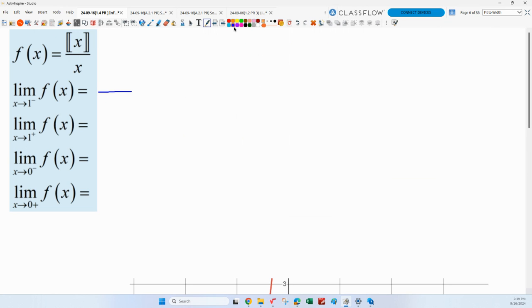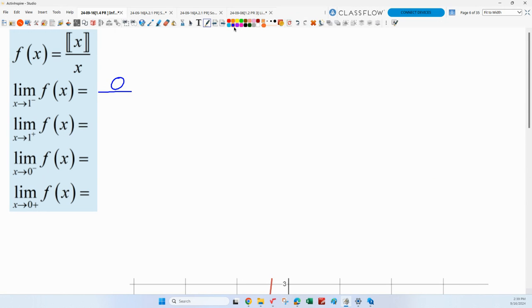What's the floor of 1 minus? So that's the greatest integer function. What would it be? 1 or 0? Vote with your fingers. 0, right? So if I evaluate, and we say 1 minus, think what we mean. We mean a number slightly less than 1. So 0.99999, something like that. So we're going to get 0.